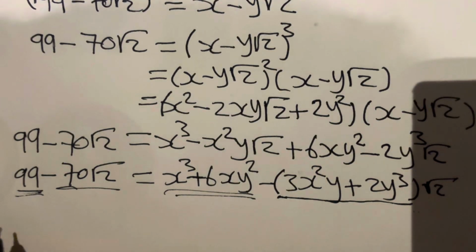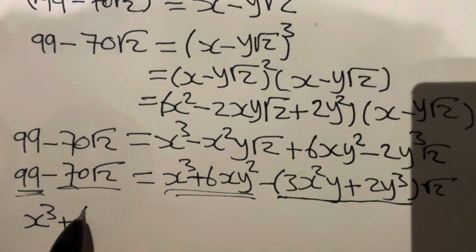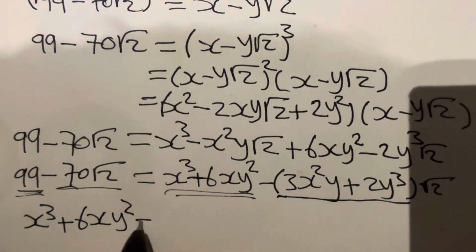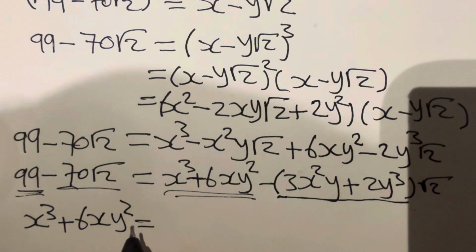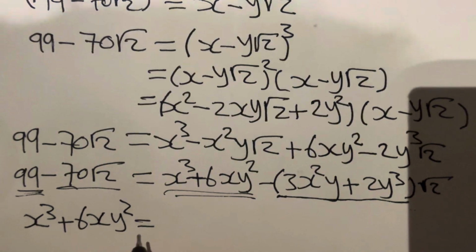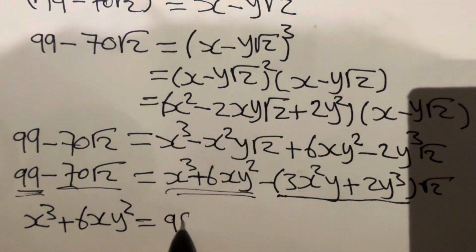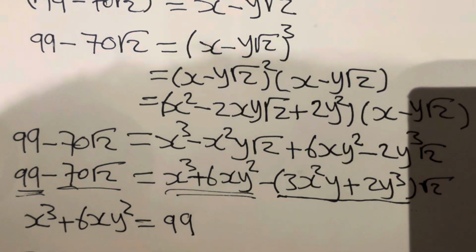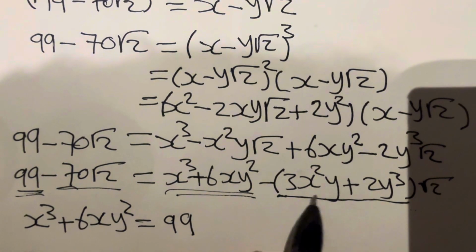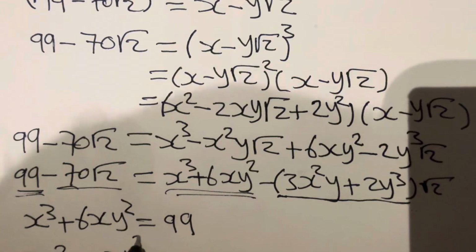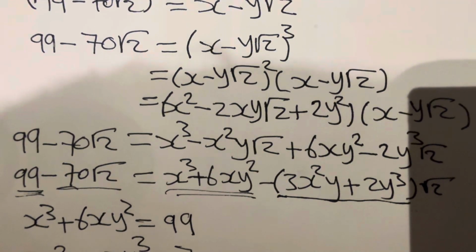So we get x cubed plus 6xy squared equals 99, and 3x squared y plus 2y cubed equals 70.